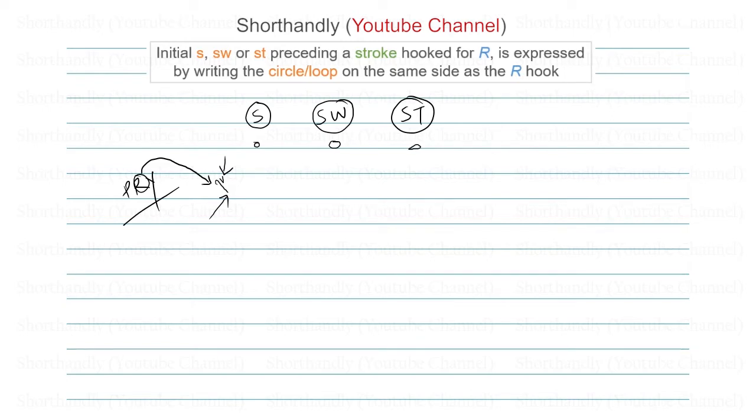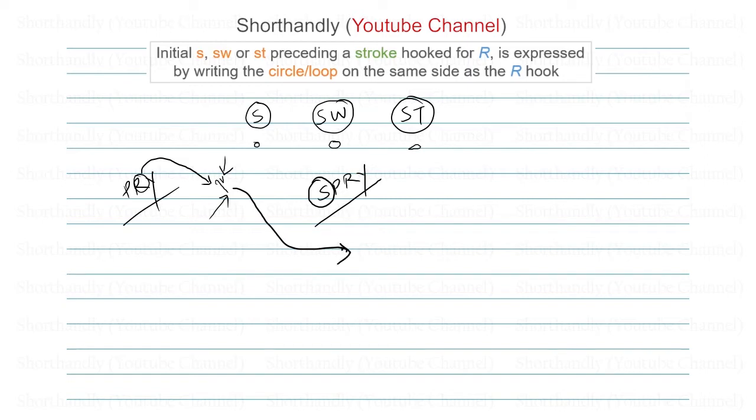But what if we have another word called spry? Now this word is almost similar. These two words are almost similar, but here now we also have this S. So what can we do to make this word spry?